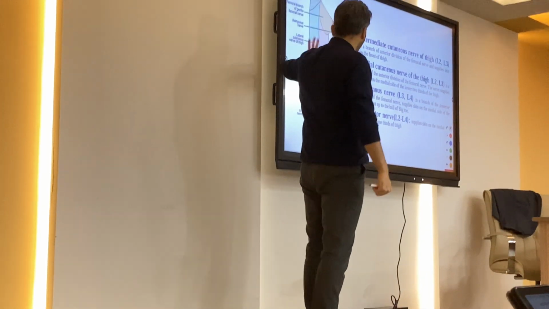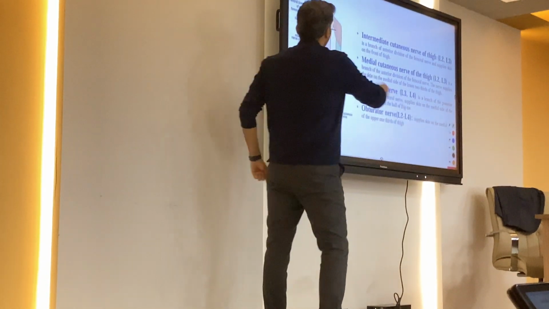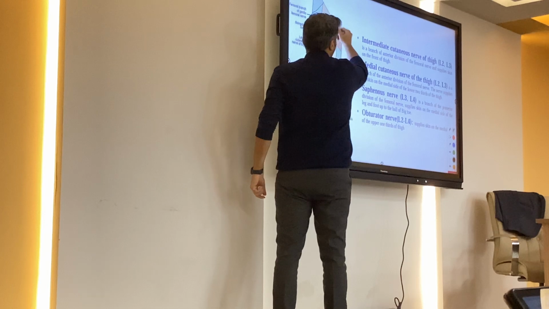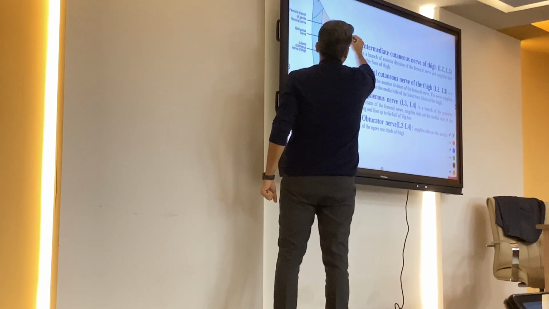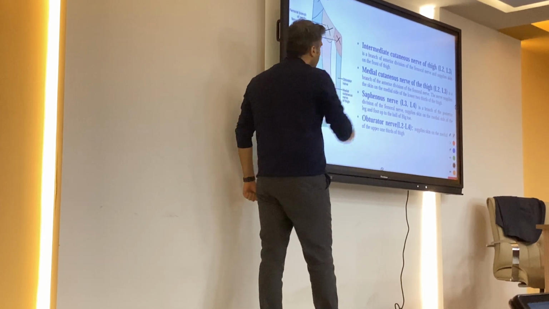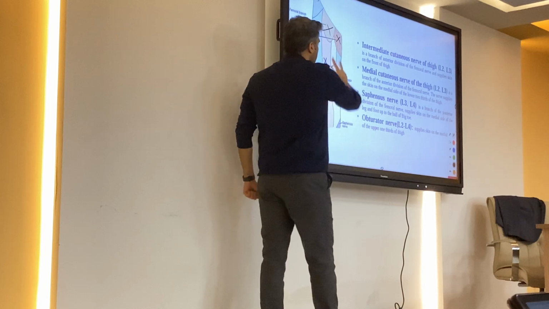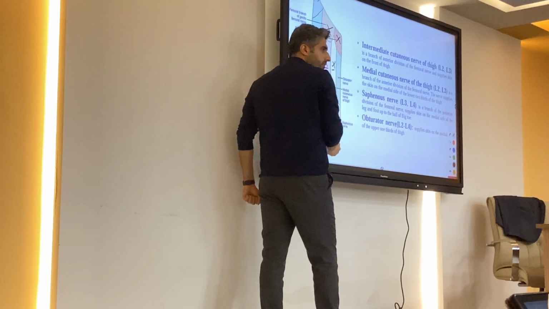So all of these in the picture are sensory. 6, 7 nerves. Look at here again. Femoral branch of the genitofemoral, ilioinguinal, lateral cutaneous nerve of the thigh, intermediate cutaneous and medial cutaneous nerve of the thigh. These two are branches of the femoral nerve.